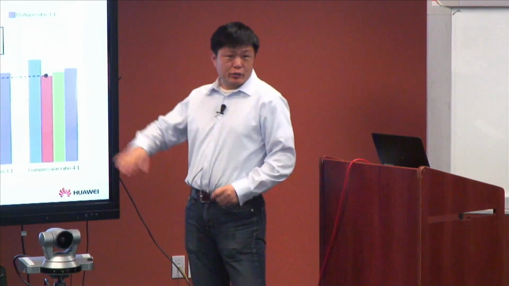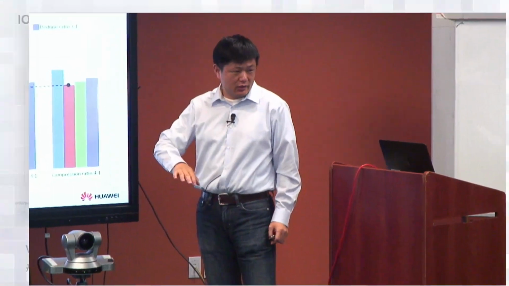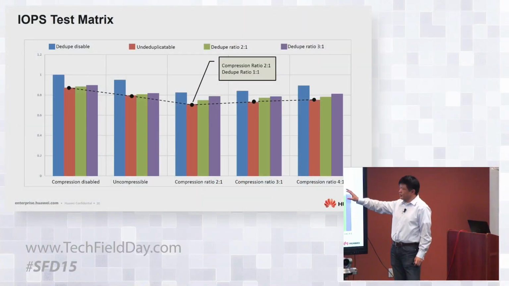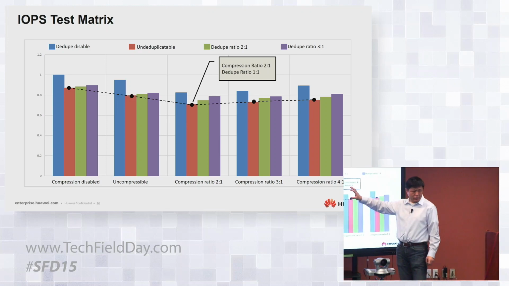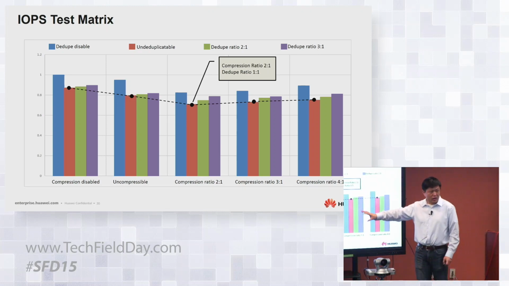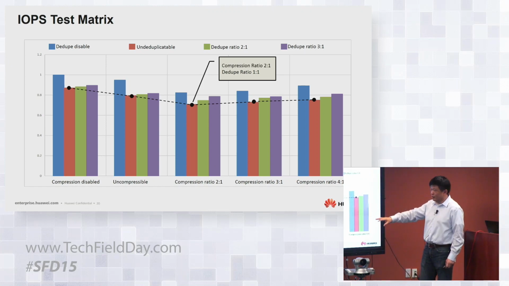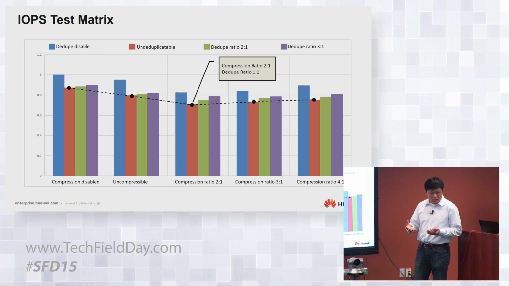All right, then I'm going to present the test results. Before we go there, I'm going to show why we choose a particular compression ratio and dedupe ratio. We have 5 column groups here, each representing a particular data set with a different compression ratio.